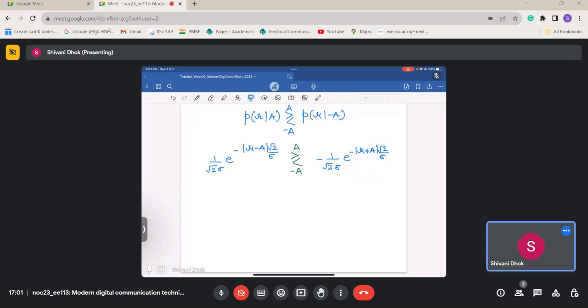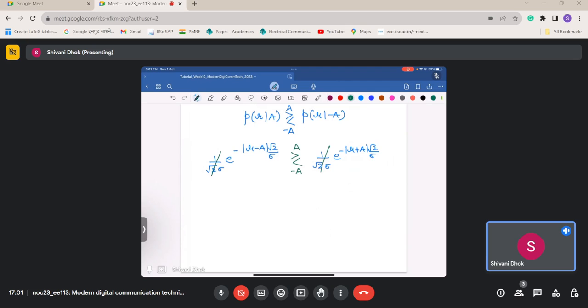Now these two factors, 1 upon root 2 sigma and 1 upon root 2 sigma, are positive quantities, so I can just ignore them. I can cancel these two out, and let's take log on both sides.